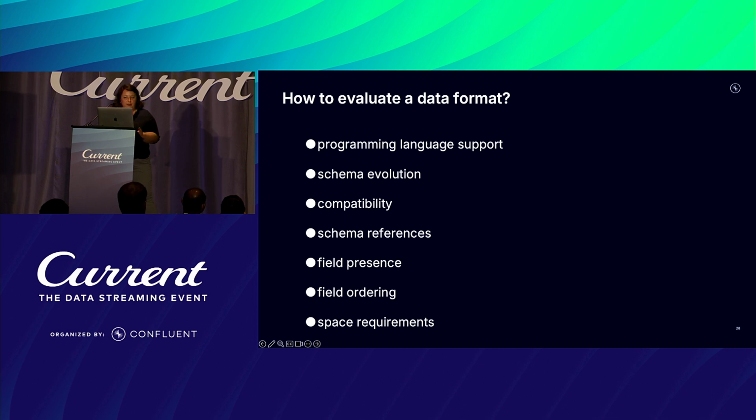The default compatibility type in Schema Registry is backward compatibility, which means that consumers using the new schema can read the data produced with the last schema, but not necessarily with any schema before the last. So if my consumer should be able to read data using an even older schema than the one before last, then backward transitive compatibility can be used.